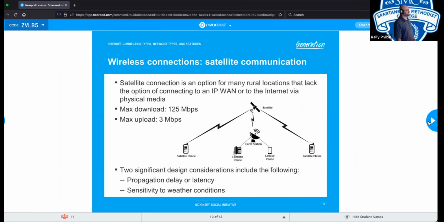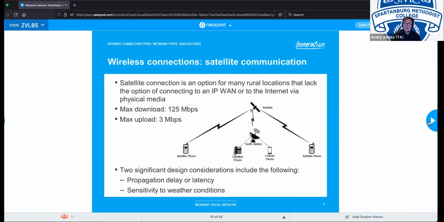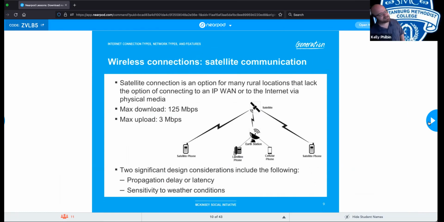All right. Satellite. Has anybody had satellite internet before? Nobody? I think I did. My dad had it when I was younger. Okay. So satellites, back in the day when it was first coming out, had some of the fastest downloads available. You could absolutely have some awesome download speeds with satellite.